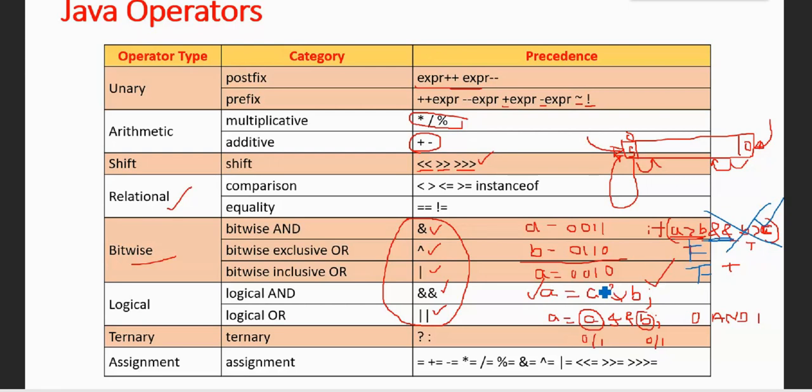Say for example, I want to write A double ampersand B. At that time, your variables A and B should be of type Boolean, which we already know have either true or false.